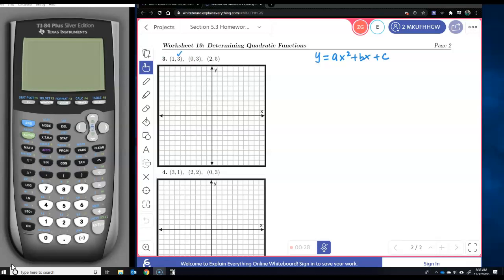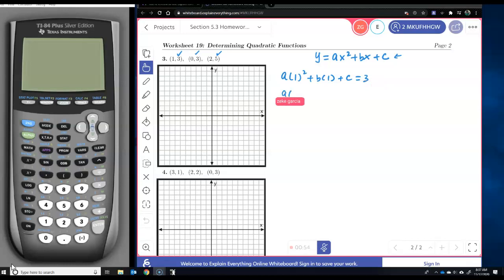We're going to use each point to come up with an equation. And we're going to use a standard form. We're going to use this equation here, standard form of a quadratic, to come up with a system. So we have A times 1 squared, plus B times 1, plus C equals 3.